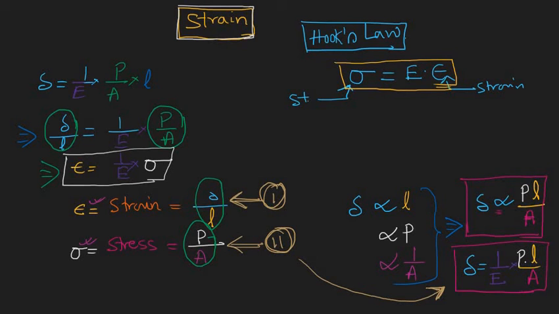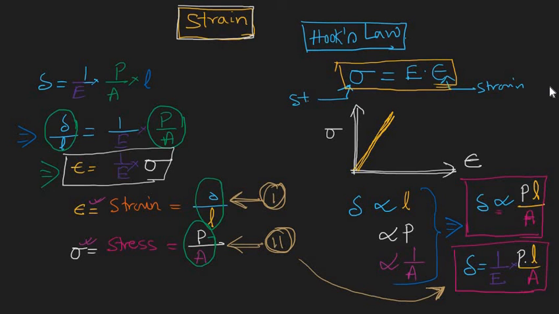Not only that, if you plot this equation, it will look something like this. Let's say this is the axis which represents your stress, and this is the axis which represents your strain. So if we draw the curve, it looks like this one.